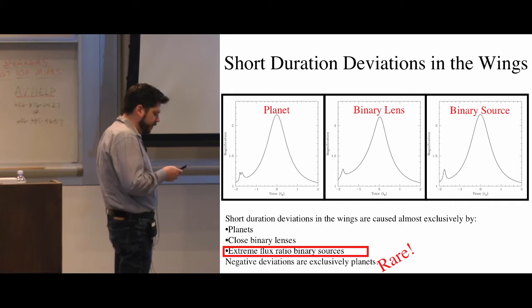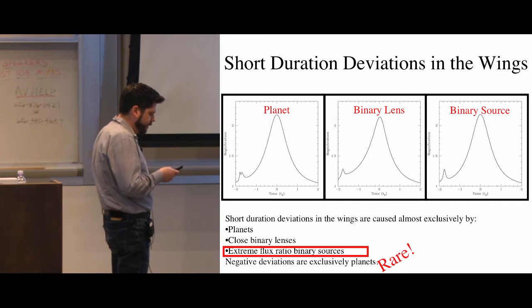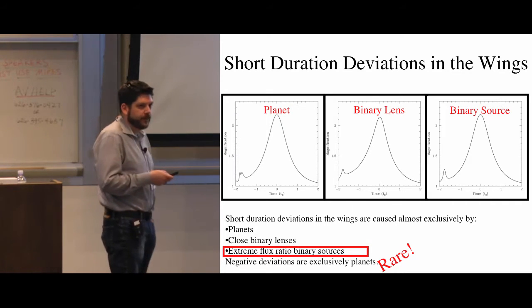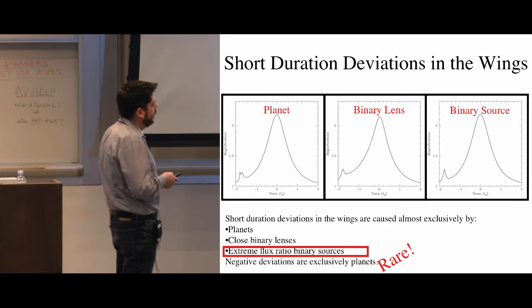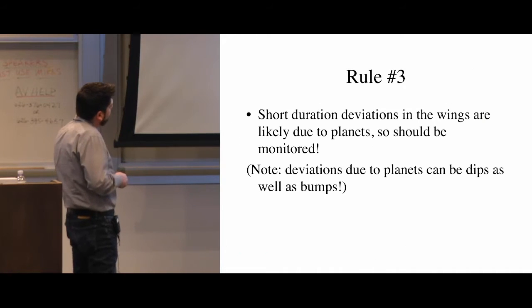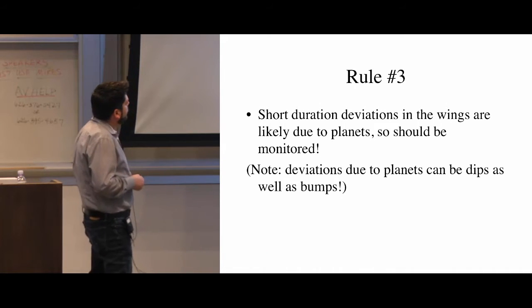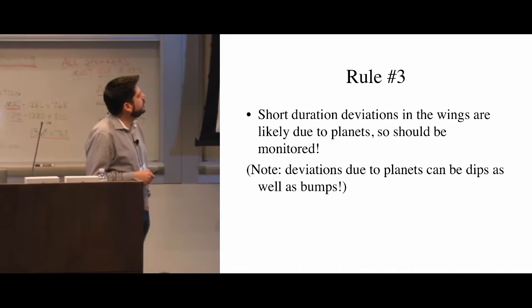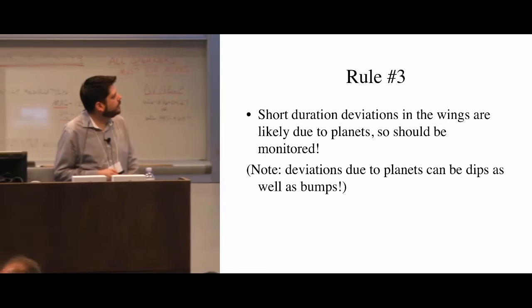And in particular, it's a minor image perturbation planet, which means that the separation between the two lenses is less than the combined total Einstein ring radius. Okay, so short duration deviations of the wings, rule number 3, are likely due to planets and should be monitored or paid attention to or modeled.